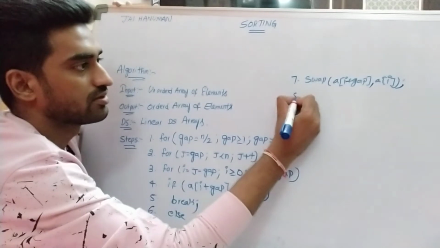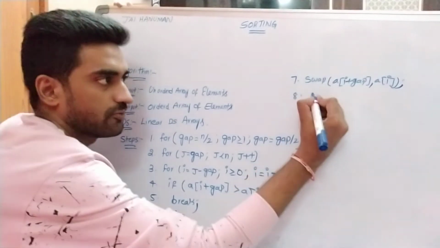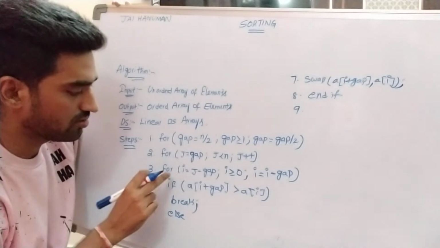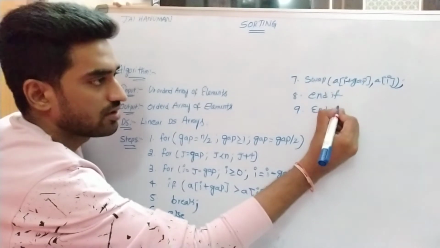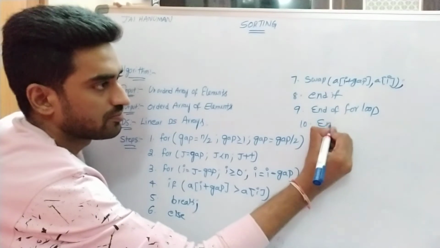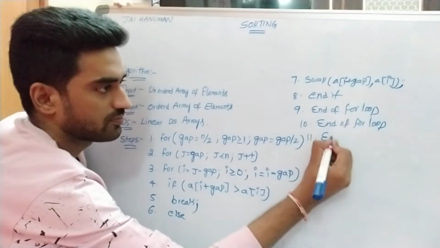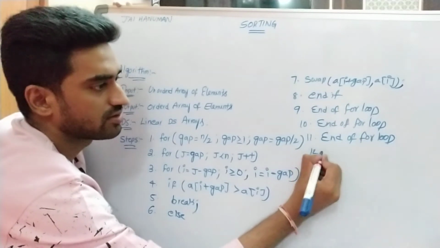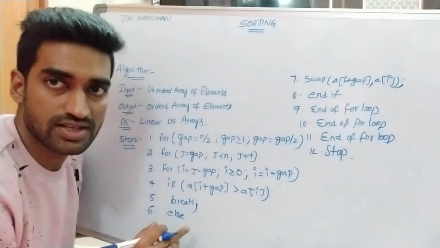Then we close this if, and finally we close these loops, end of for loop, end of for loop, end of for loop. Finally, I am writing stop. So this is the algorithm for shell sort mechanism.